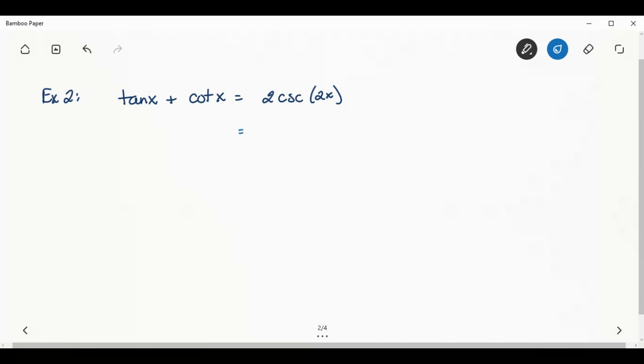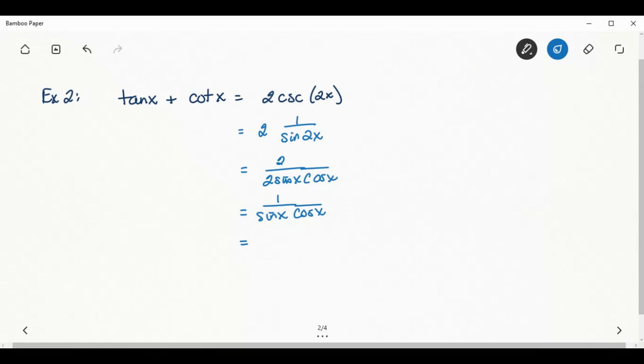Using the cosecant double angle formula, which is equivalent to 1 over the sine of our double angle, we are going to write out and expand sine of our double angle as 2 sine of x cosine of x now in the denominator. Algebraically, our 2's will cancel out to become 1, and we have 1 over sine x cosine x.